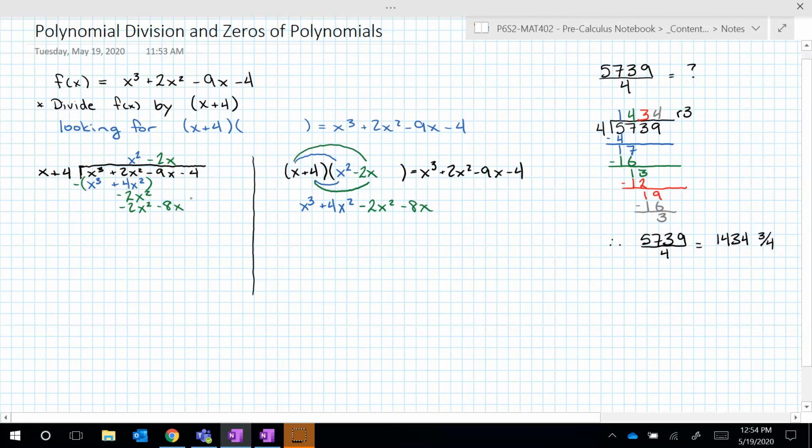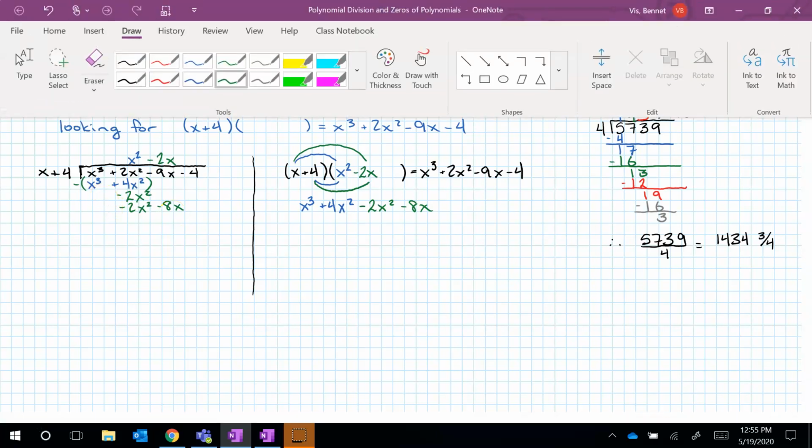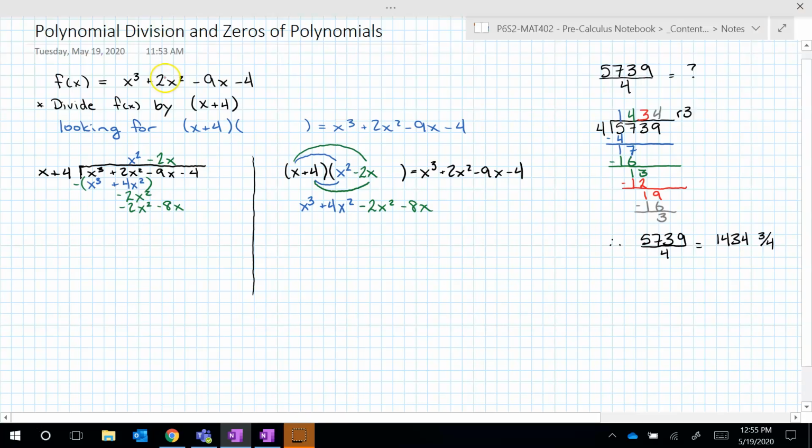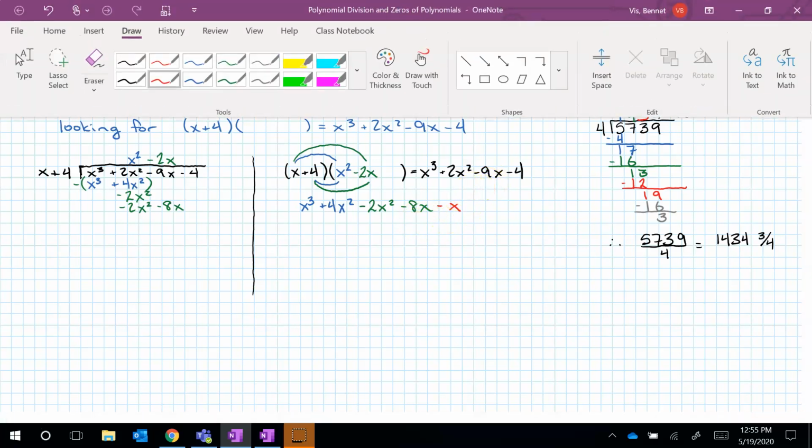So I wanted there to be negative 9x, and I made a negative 8x with this next term that I put in here, right? So that's good. I'm 8/9 of the way there, but I need to figure out what I have left to do. I need another piece here. My next thing would need to be a minus x to create the negative 9x that I want, right? So if I look at what I've done so far, I've got my x cubed here.